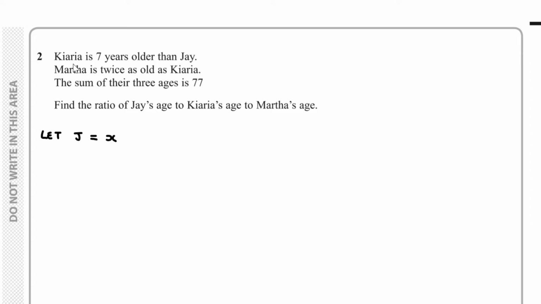And if Kiaria is 7 years older than Jay, that means that k is equal to x plus 7. And if Martha is twice as old as Kiaria, that means m is equal to 2 lots of x plus 7.